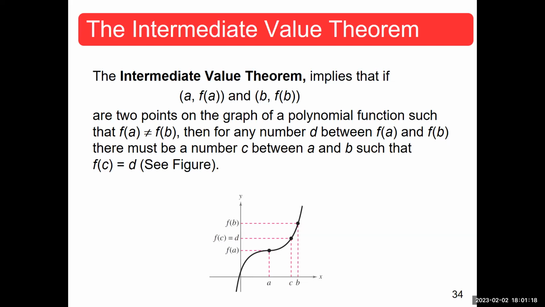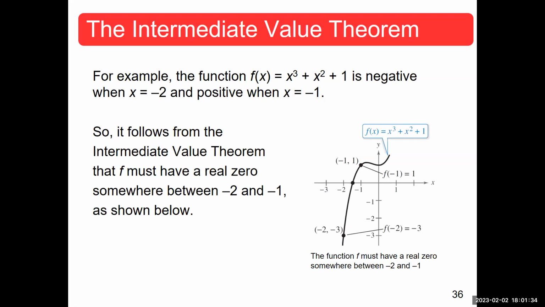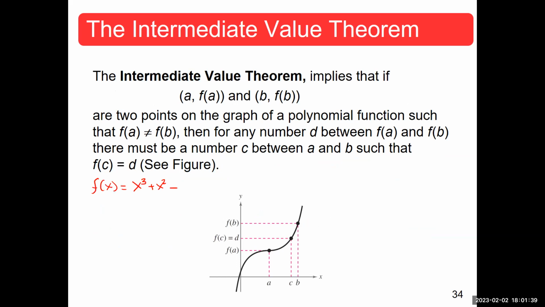Okay, let's do it here. Let's say I have f(x) equals x cubed plus x squared plus 1. Find a zero using the intermediate value theorem.